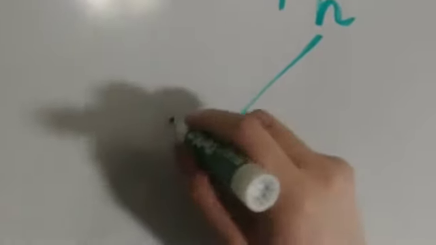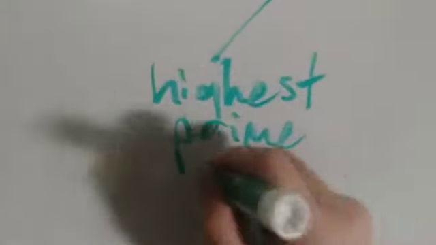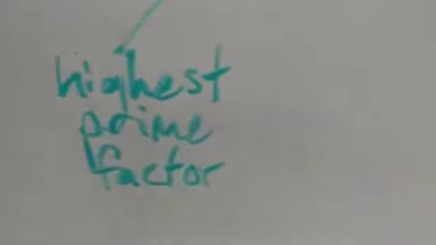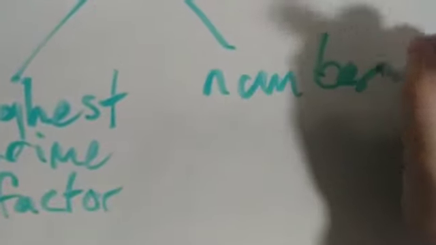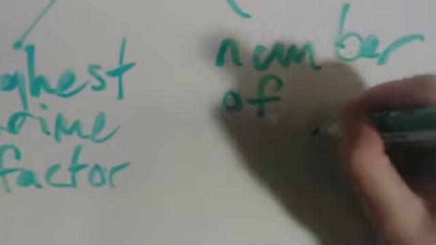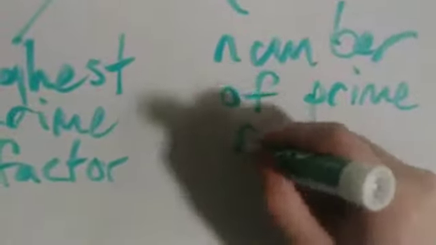So this deals with a notation of P for prime, and then what were the letters that I used? Okay, so P is for prime, H is for highest prime factor, N is for number of prime factors.